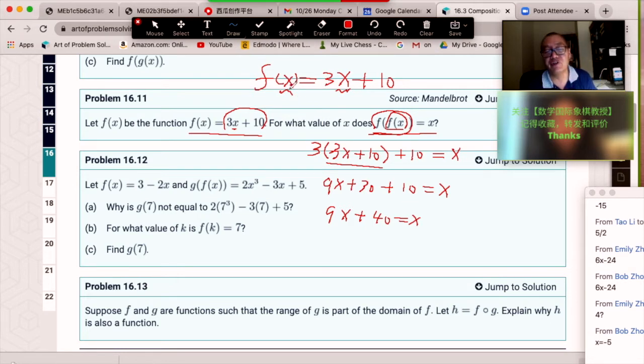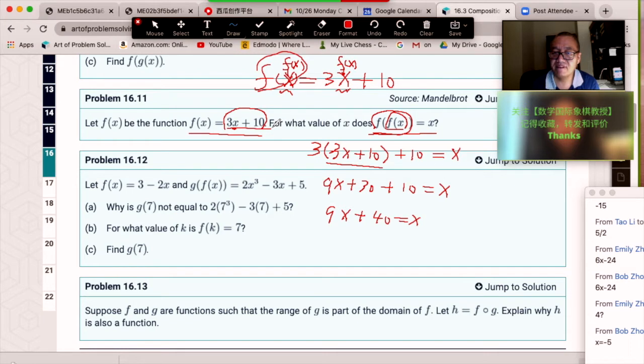For the original f(x), the variable is x. Now this one says the variable is f(x), so that means you need to use f(x) to replace x, right? If you do this, the left side is exactly what we are looking for, right? So the right side will be 3 times f(x), then plus 10. f(x) equals 3x plus 10, right?